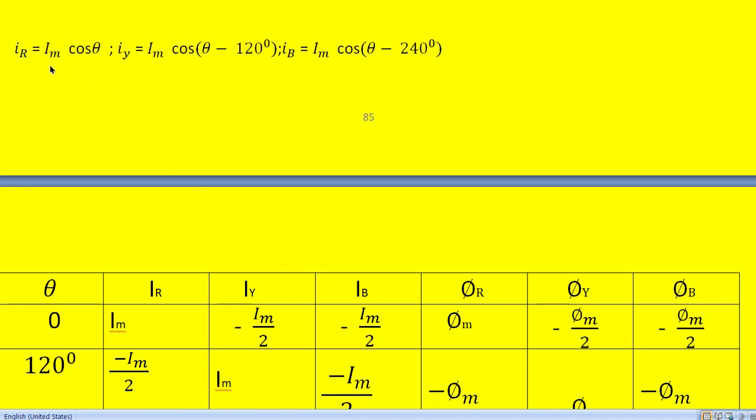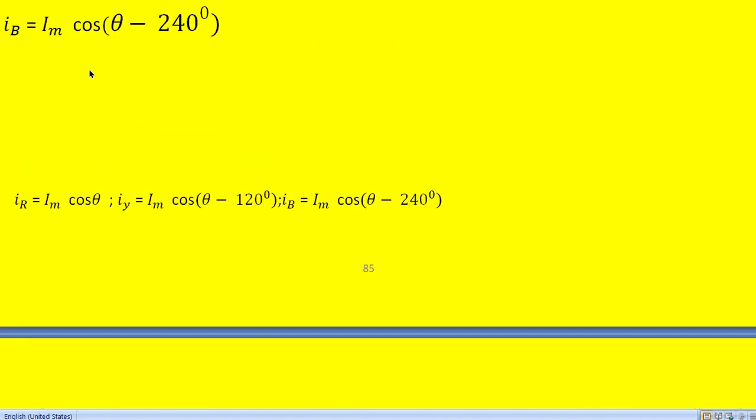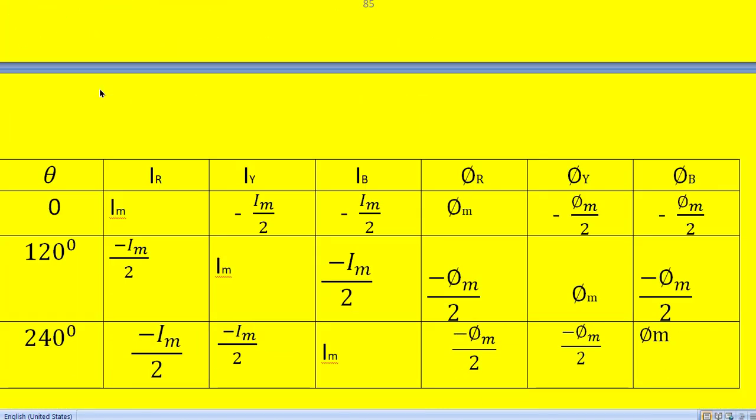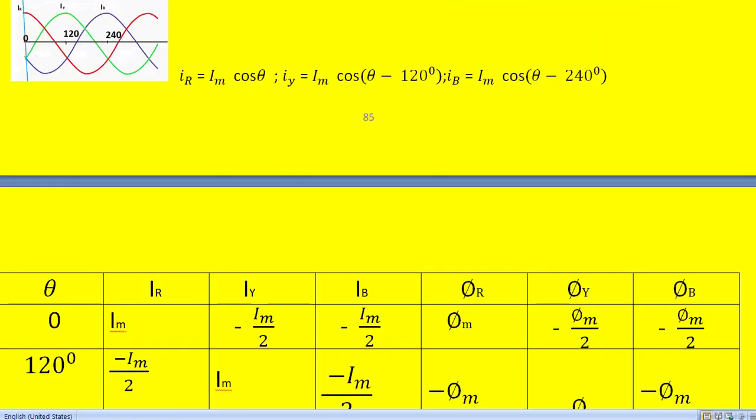So let us say at theta is equal to 0, what is the value of IR? We have seen in the waveform that it will be maximum. So when theta is equal to 0, it becomes Im cos 0.